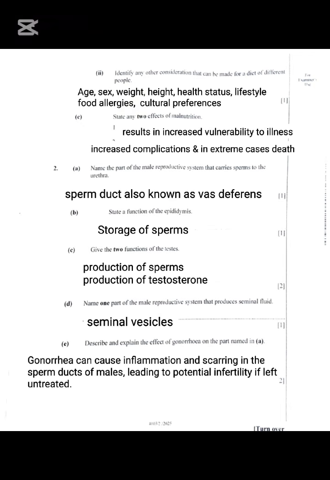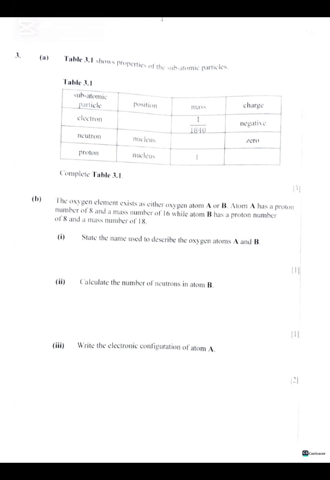So that was all about the biology questions in section A. We can now proceed to the chemistry questions in section A. Number 3, table 3.1 shows the properties of subatomic particles. So we are required to complete table 3.1. We need to give the position of electrons.